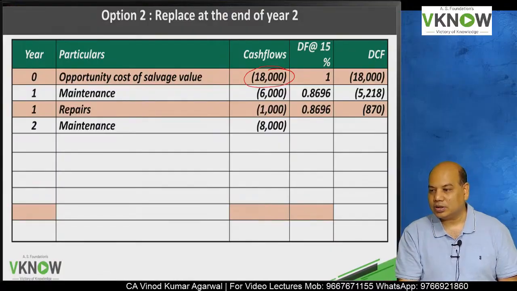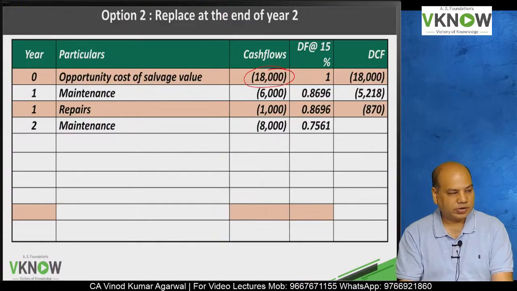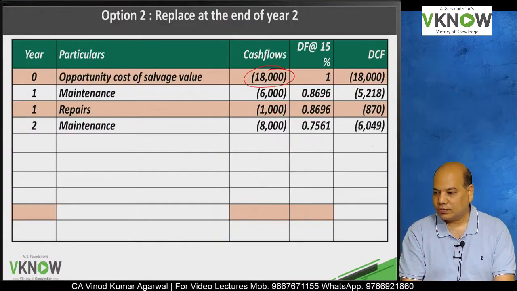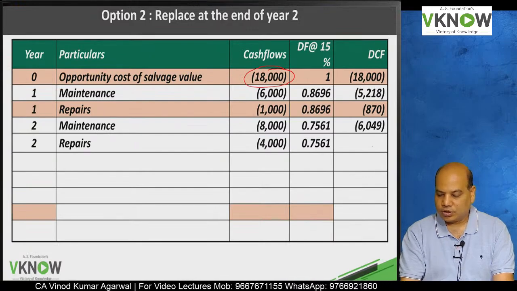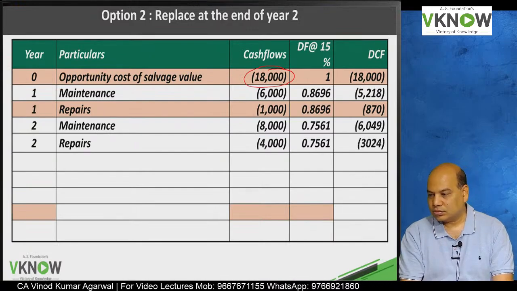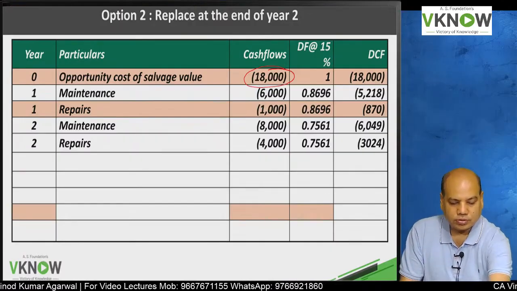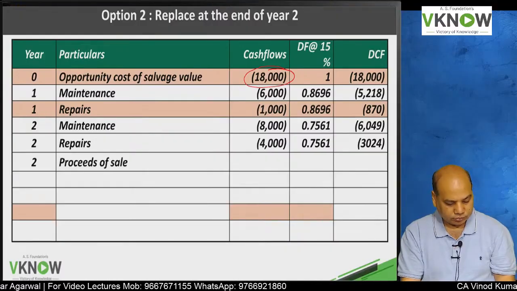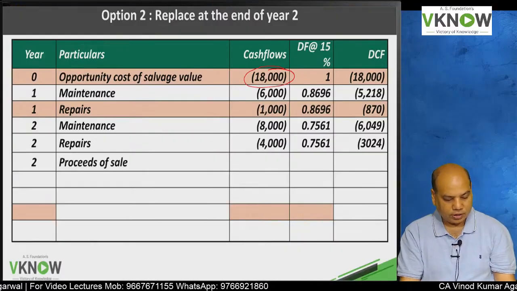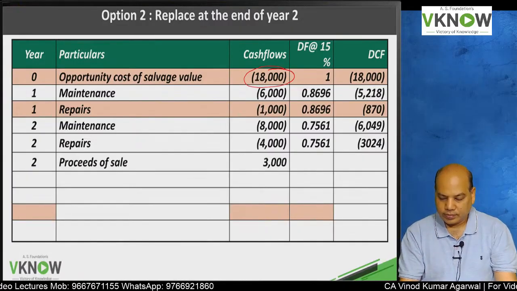Now write down maintenance 8,000. Present value 6049. Repairs 4,000. Present value 3024. Now you take scrap value 3,000.